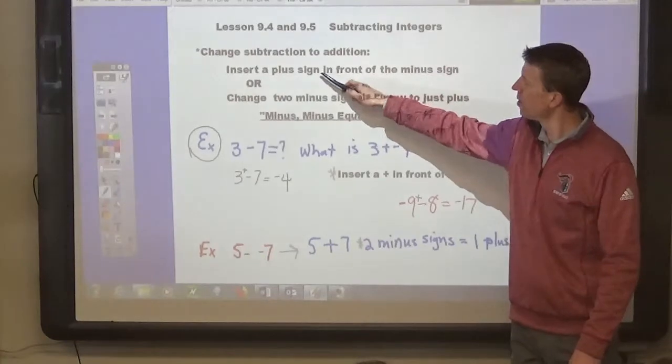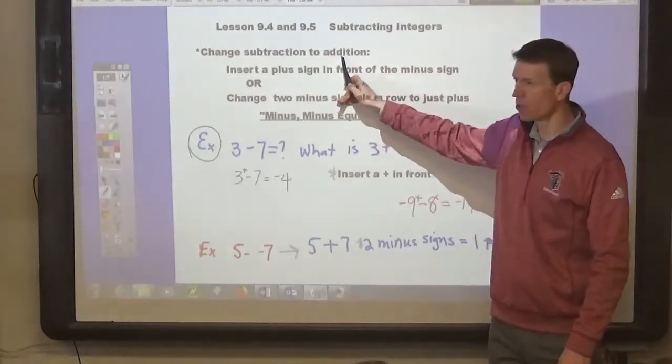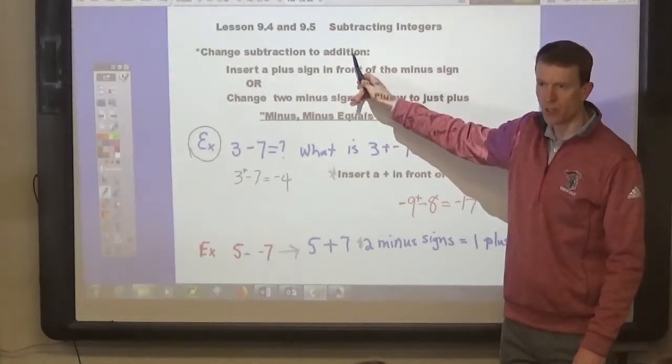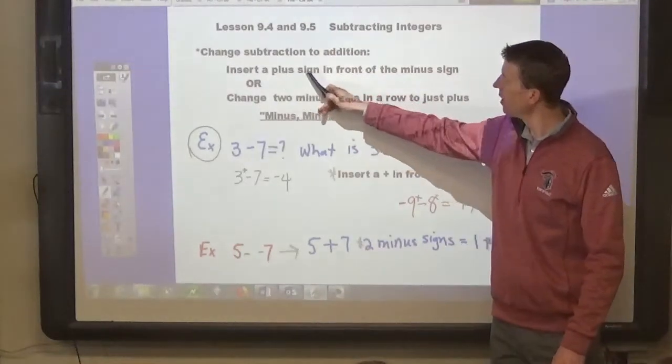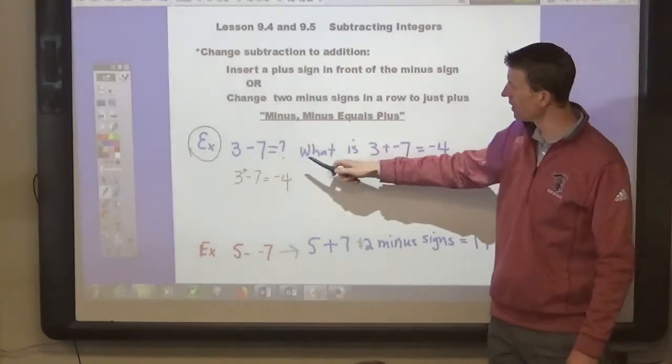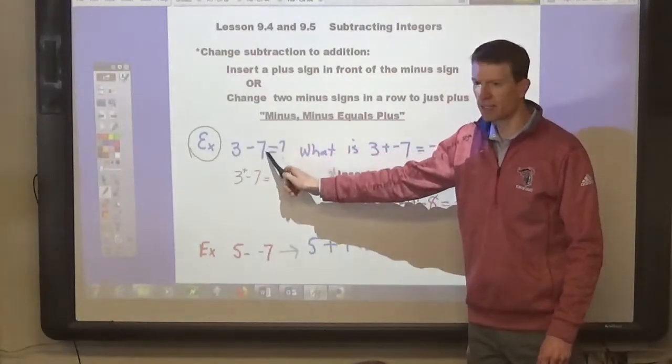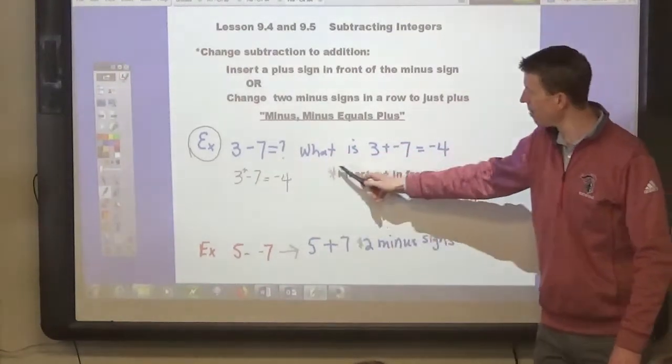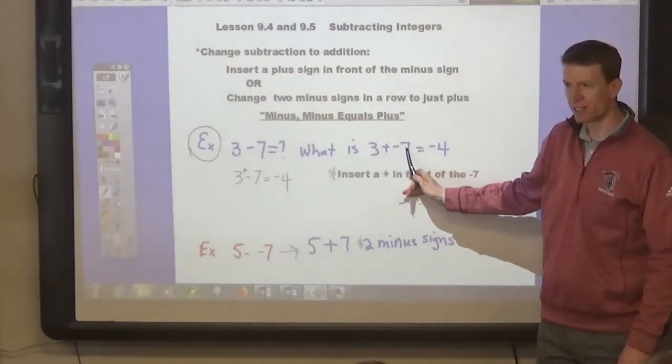First is to change subtraction to addition. And you do that by inserting a plus sign in front of the minus sign. So in this first example, 3 minus 7 is the same as 3 plus negative 7.